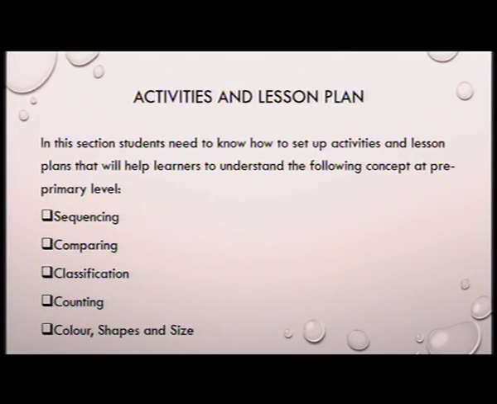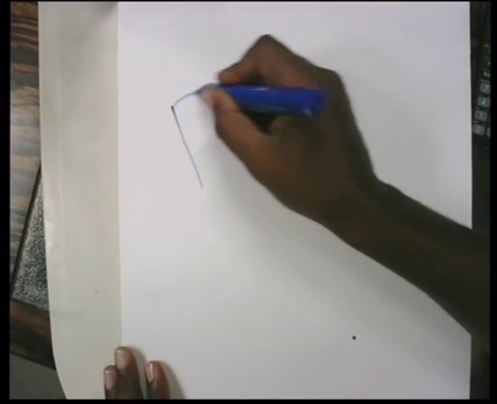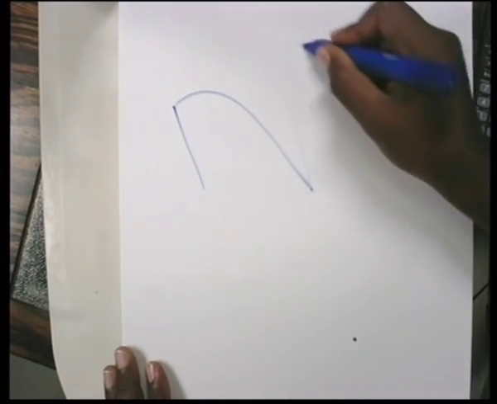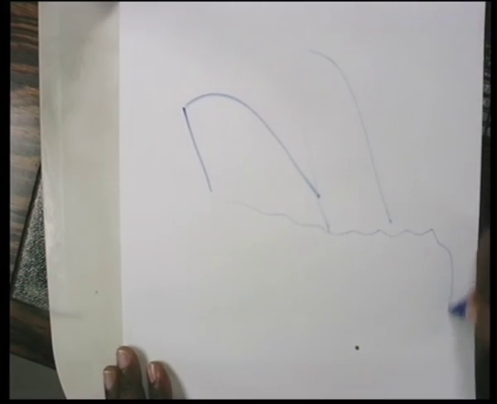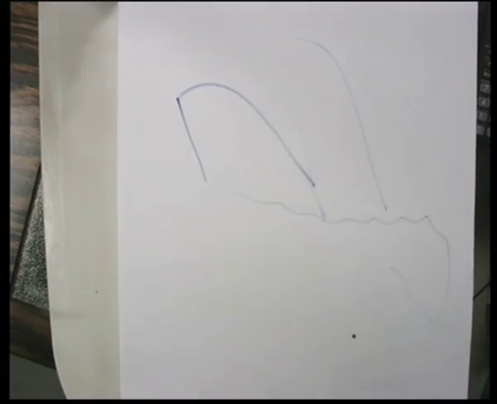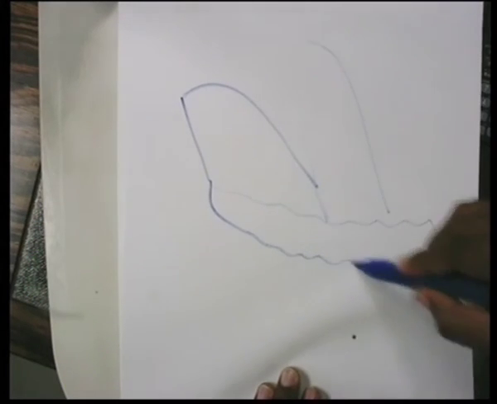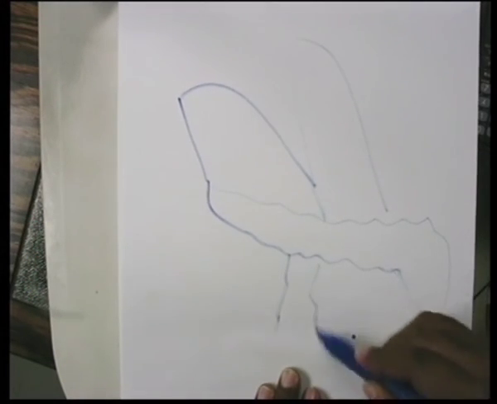When you have an activity for coloring, you can have uncolored posters, and you ask them to color, for example, you have a drawing of a butterfly. Say you have a butterfly like this one, that's your butterfly.